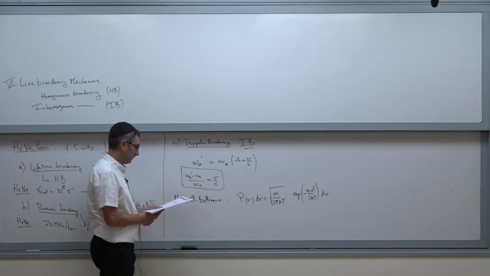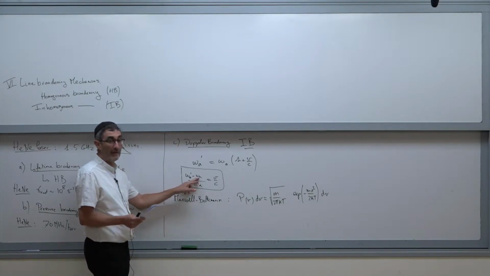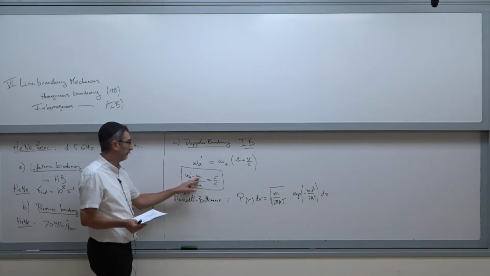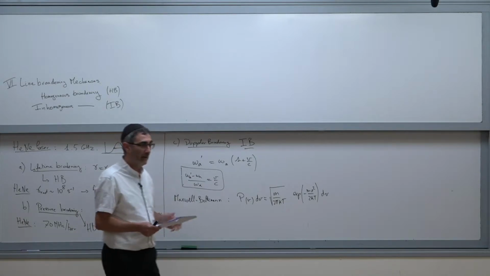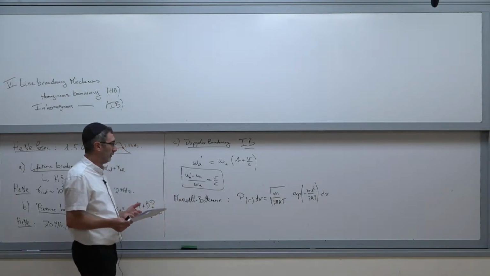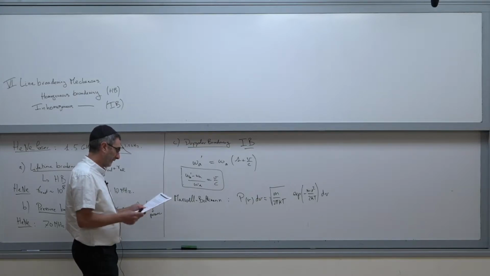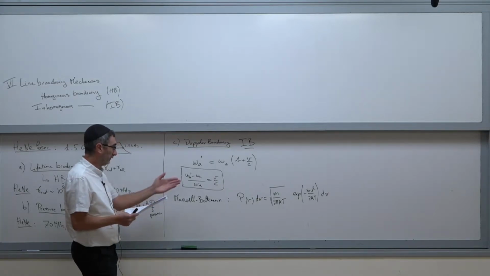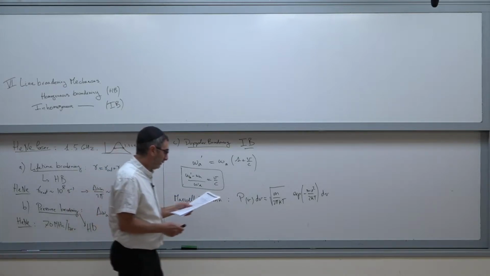So omega A here is fixed. This is the absolute resonant frequency, and omega A prime is distributed in the frequency space, as you experience atoms with different velocities.